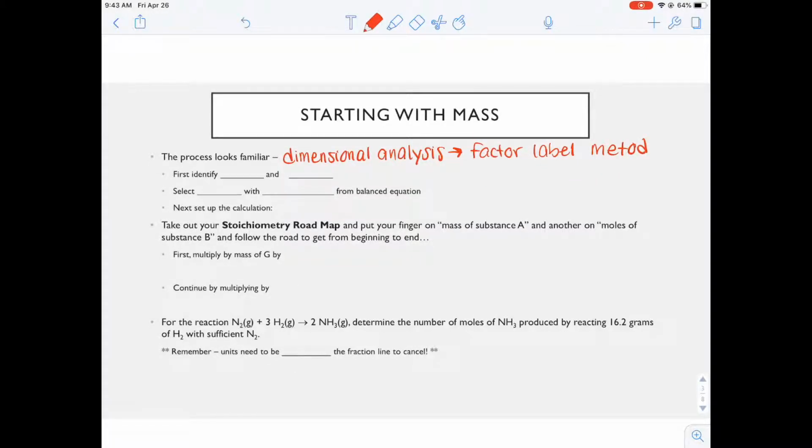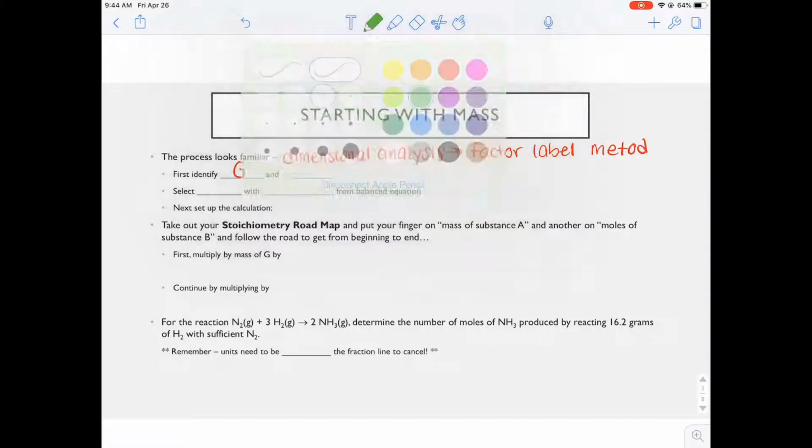Just as we did, first we want to identify the given and the wanted. I'm going to switch colors around here.